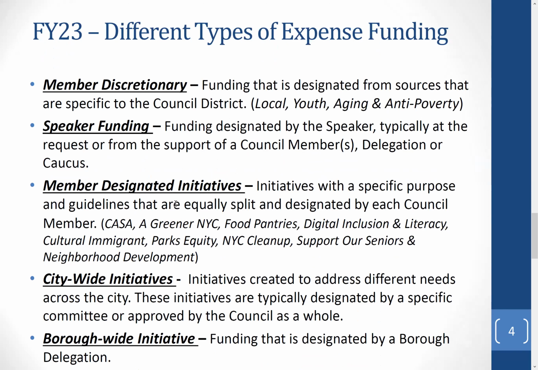I know I just went through a whole bunch, and to be honest with you, the city council has over 140 initiatives, all of which are listed in a document on our website titled Schedule C. Schedule C is a document that's released whenever the city council adopts the budget for the fiscal year.